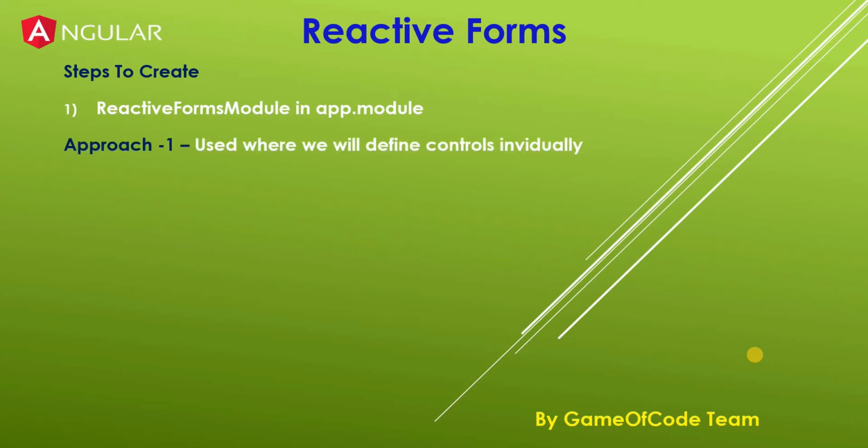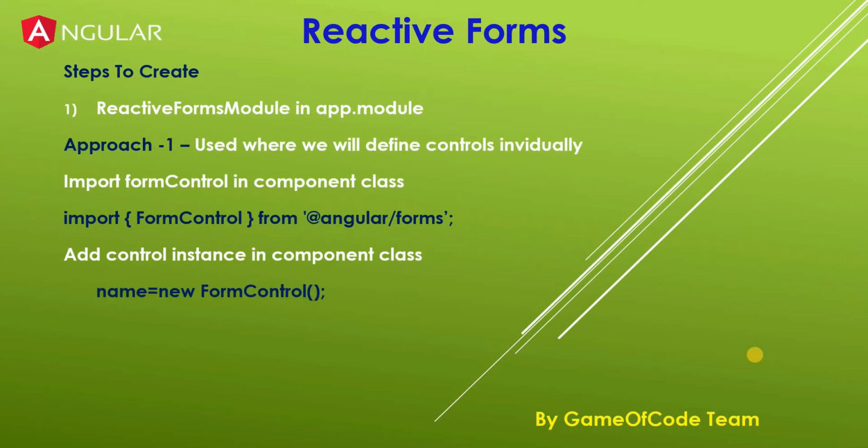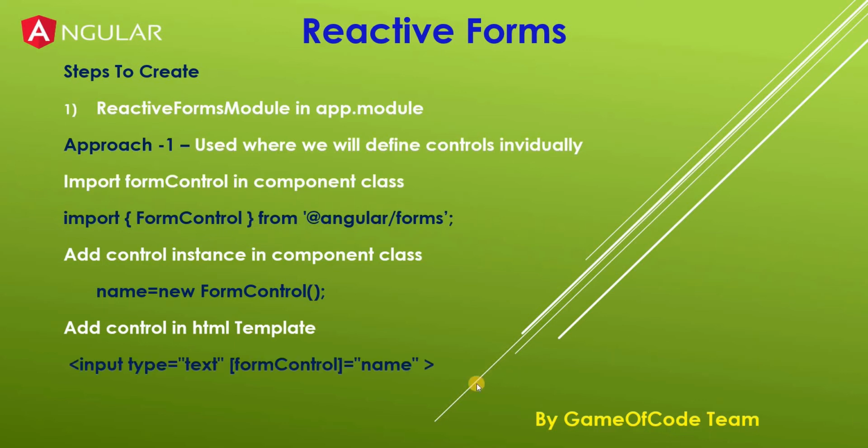The first is where we define controls individually. The steps are: import FormControl in the component class, second, add a control instance in the component class like this, name equal to new FormControl, and name is a control, and third, add the control in the HTML template like this. So friends, let's start it practically.